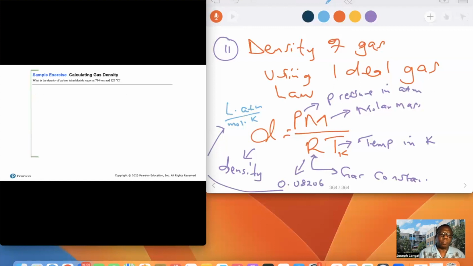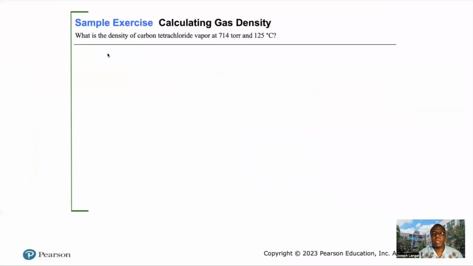Let's see an example on how to calculate the density of a gas using the ideal gas equation. If you look at the problem, what is the density of carbon tetrachloride vapor at 740 torr, that is the unit for pressure, and 125 degrees Celsius?